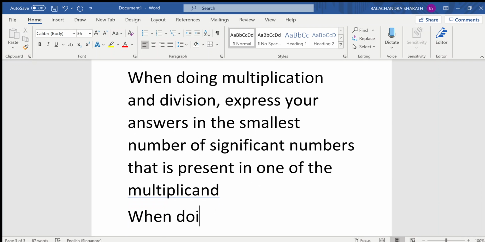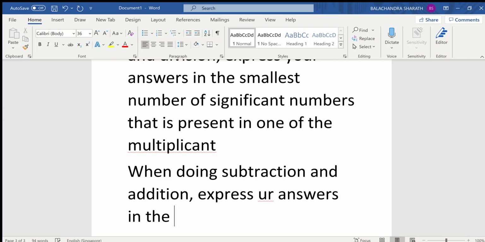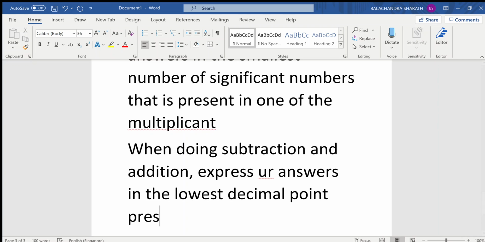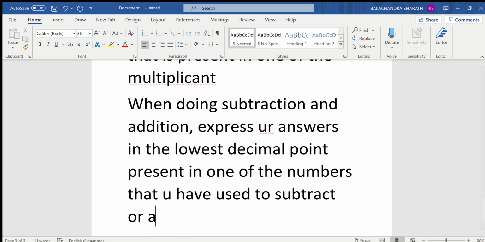When doing subtraction and addition, express your answers in the lowest decimal points present in one of the numbers that you have used to subtract or add. Okay.